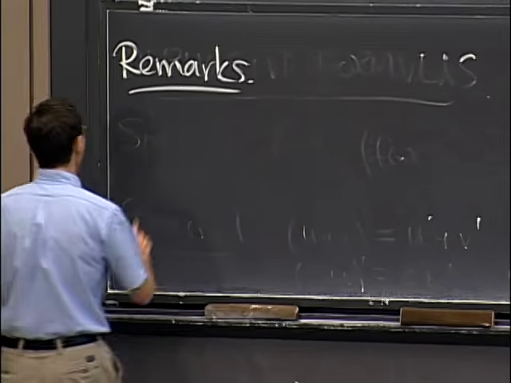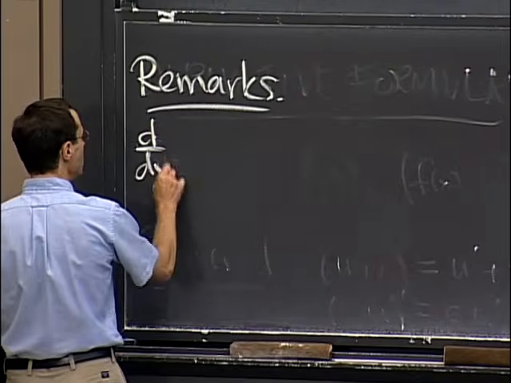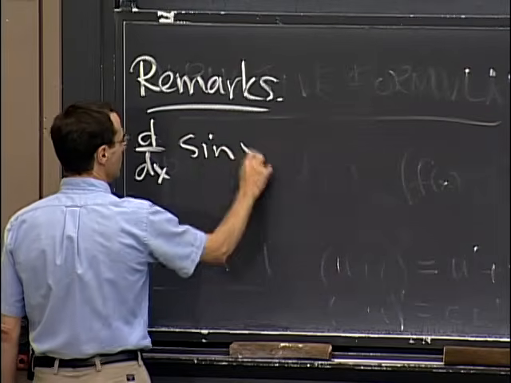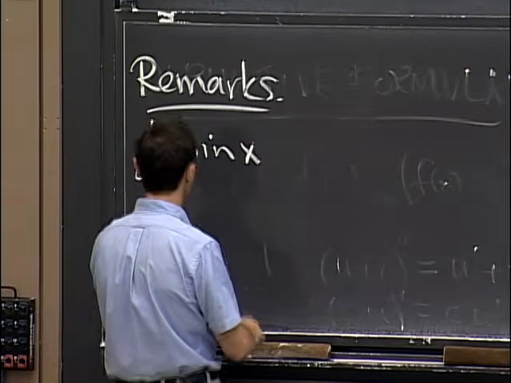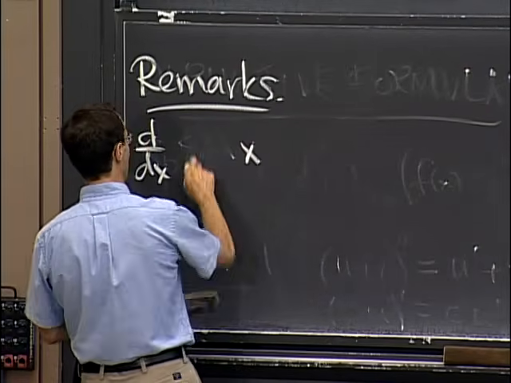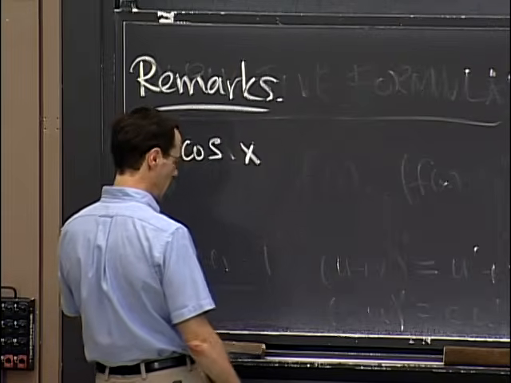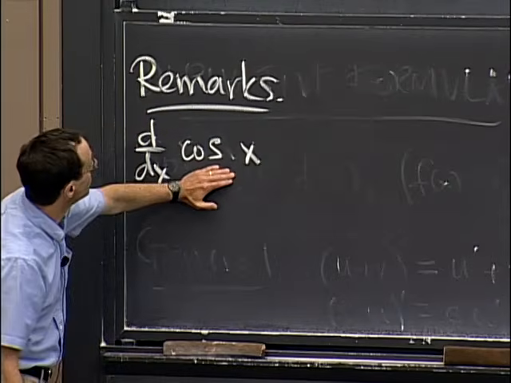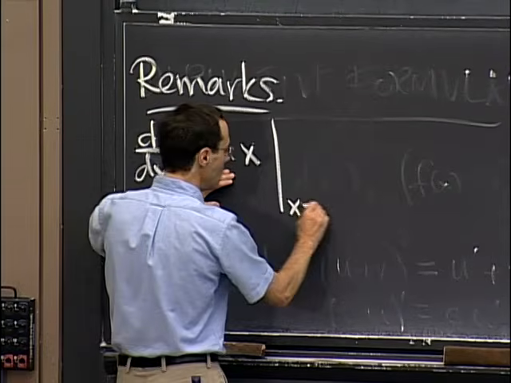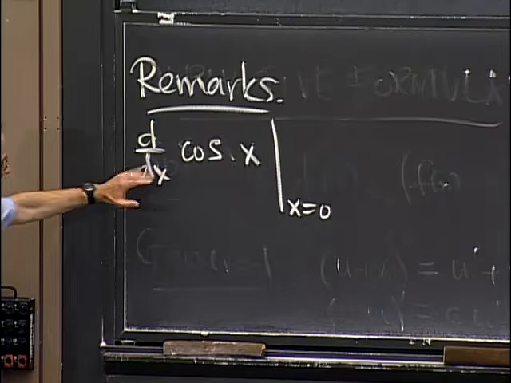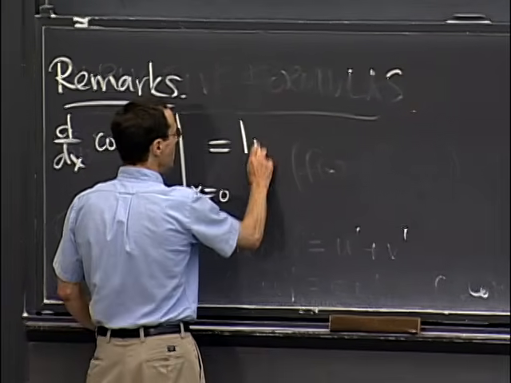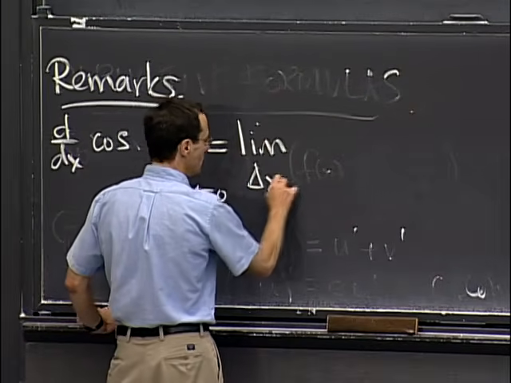So first of all, I want to point out that if you take the rate of change of sine x, now let's start with cosine, because it's actually a little bit less obvious. If I take the rate of change of cosine x, so in other words, this derivative at x equals 0, then by definition, this is a certain limit as delta x goes to 0.